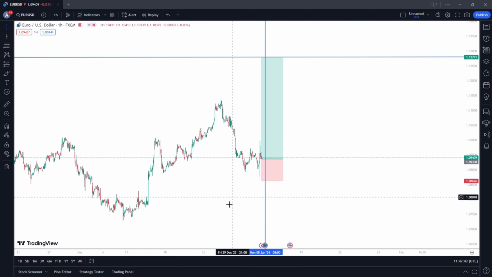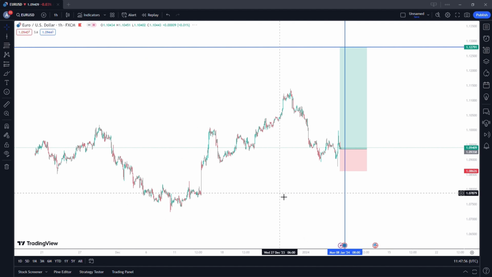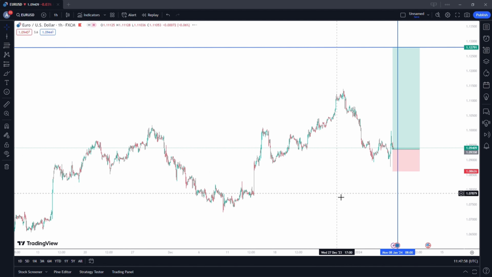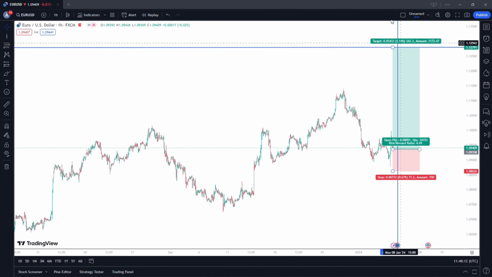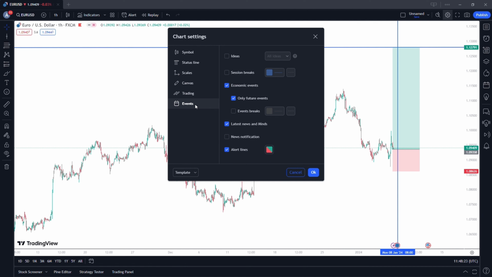So if you want to be able to see your charts in a daily demarcation, so that you don't worry yourself to know when was Monday's trading, when was Tuesday's trading, when was Wednesday's trading, all you have to do is come to your chart settings, come to events, and just come to session breaks and you click on it.